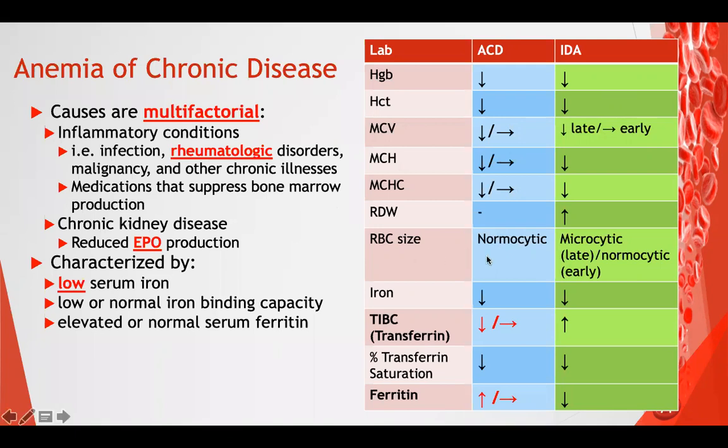The RBC size is normocytic for anemia of chronic disease, but remember, iron deficiency anemia can be normocytic also in the early stages. But the values that will be obviously different will be the total iron binding capacity and the ferritin level. So with these you will be able to differentiate between anemia of chronic disease and iron deficiency anemia.